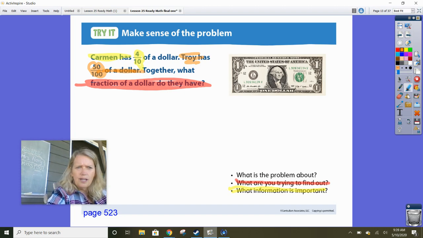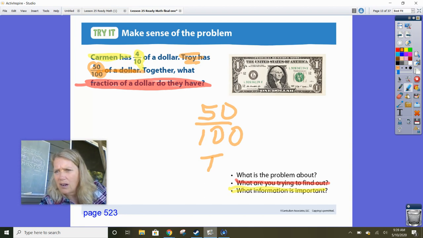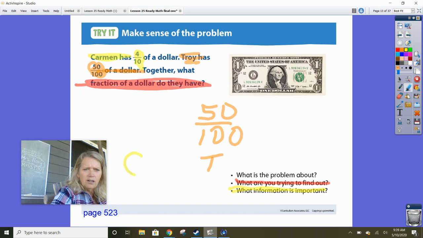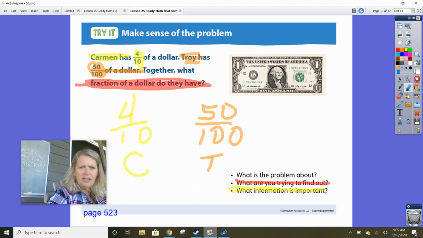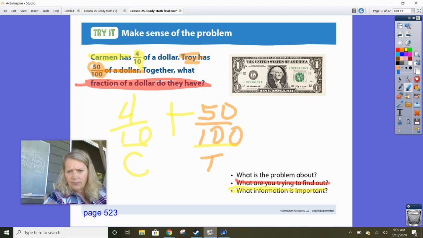All right, so 50 hundredths for Troy. Carmen, might as well keep my color scheme going, has 4/10. And we need to add those. And we can't just add tenths and hundredths, we have to change that. Okay? We could change either way.